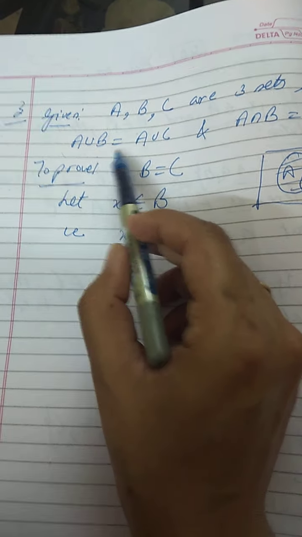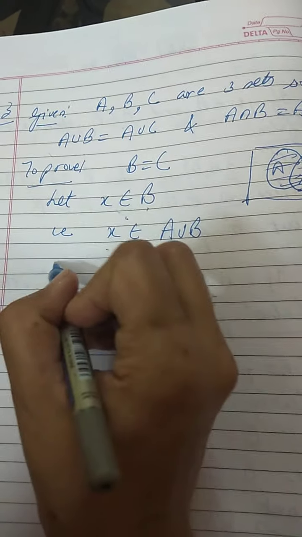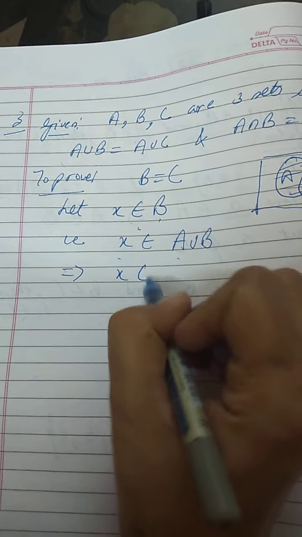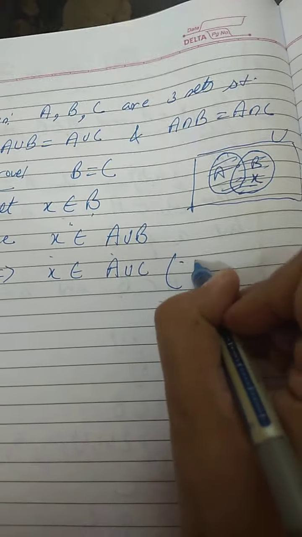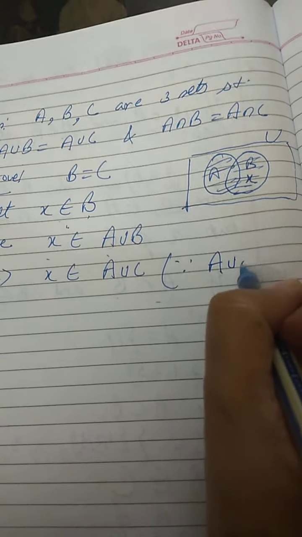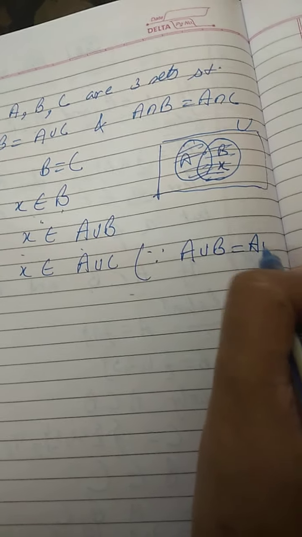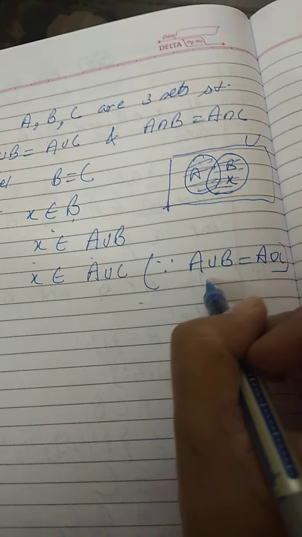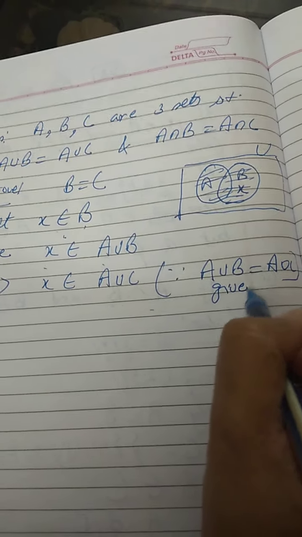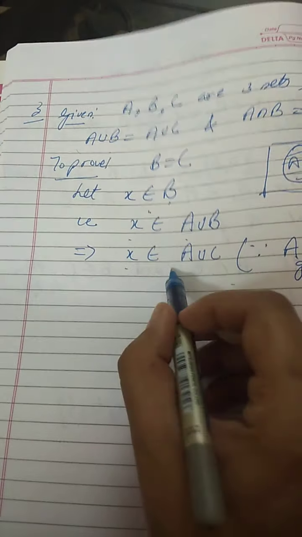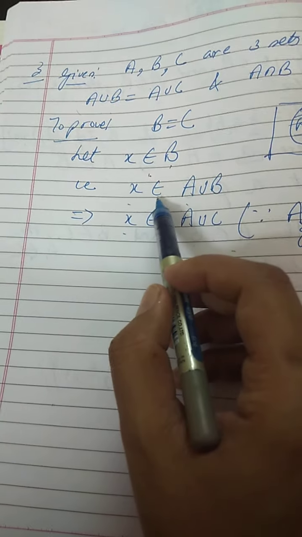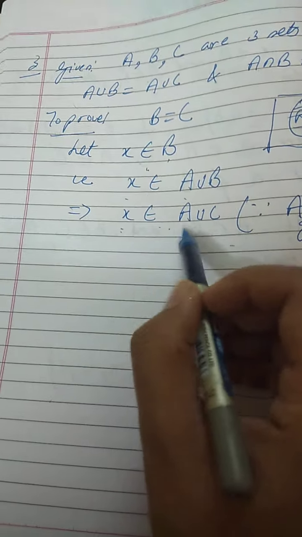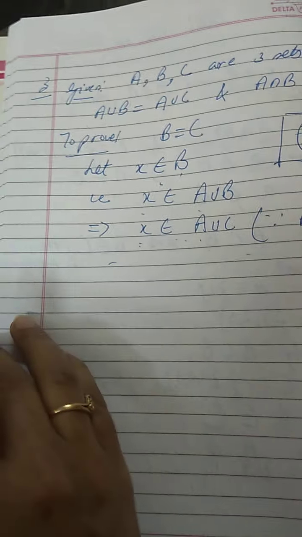Further, it is given A union B is equal to A union C. So it implies x belongs to A union C. Why? We will mention here, because A union B is equal to A union C. It is given to us. So the given part we are using here. We said x belongs to A union B implies x belongs to A union C, right?